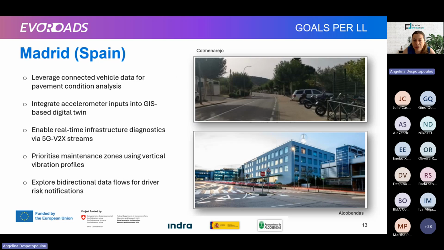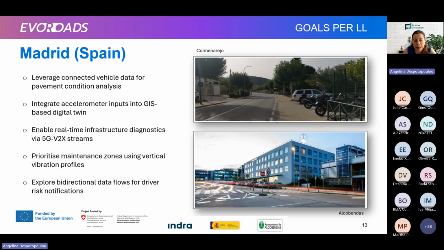Madrid will be testing two areas, the areas depicted in the pictures, one which is sub-rural and one within an urban environment. And they will be collecting connected vehicle data, trying to understand pavement condition analysis from the sensor data, of course.